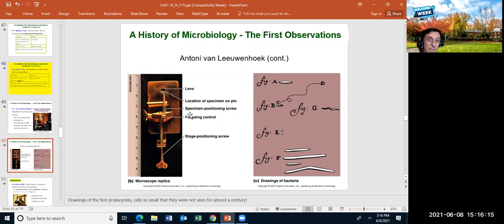And the reason why his microscopes were the best was because he was the best lens grinder of his day. He actually ground his own lenses and then built his own microscopes and then looked at organisms, including microbes. He may have also had very good eyesight.